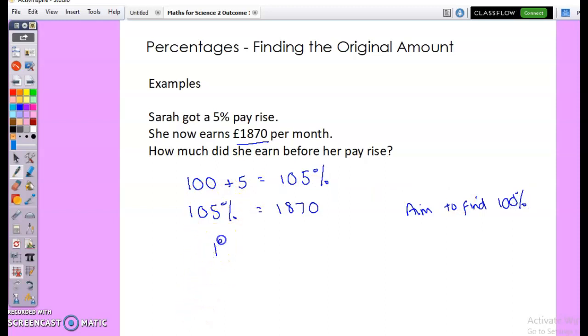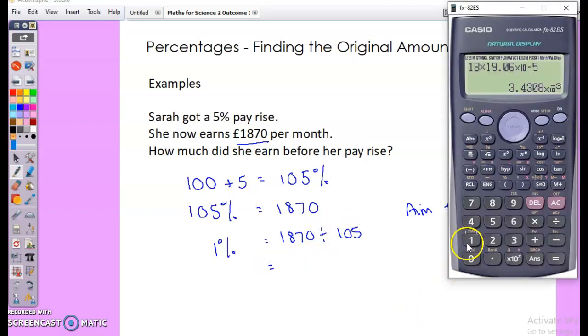And the way I do that is by finding what 1% is first, and then finding what 100% is. To find 1%, divide by 105. So 1870 divided by 105, that is 17.8095.